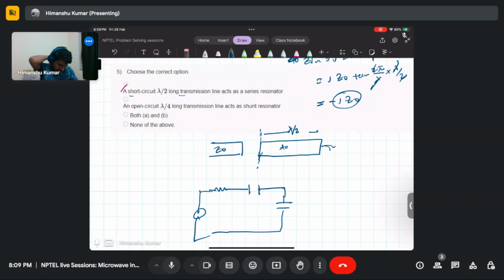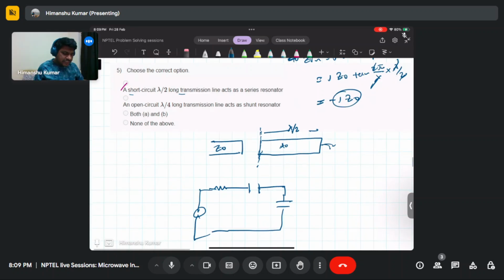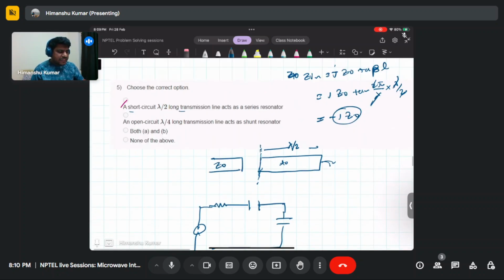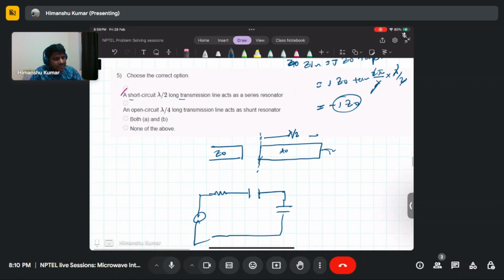Because you short circuited this line, that's why your input impedance is behaving like that, right? So now this is behaving like a capacitance.